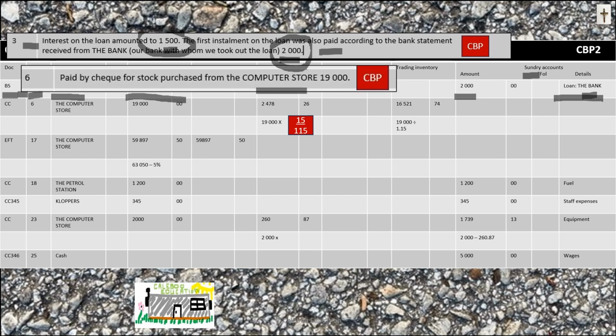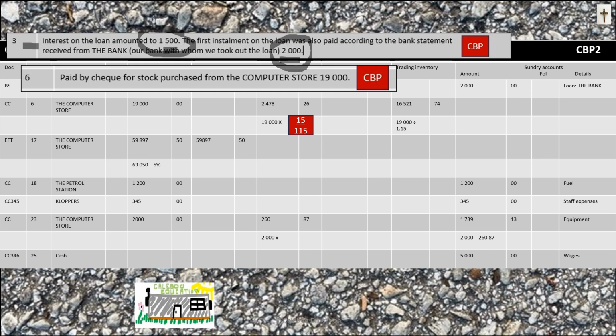On the 6th, we paid by check for stock purchased from the computer store, 19,000. So we paid by check, so it is a cash transaction. We're making a payment. It goes into the cash payments journal. There's a negative movement on our bank account with this transaction. Our bank balance has got smaller.